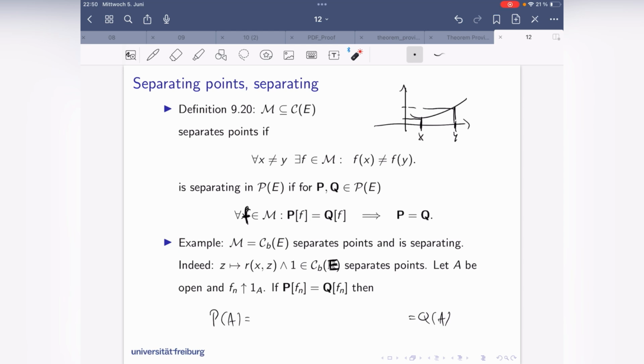And well, since we have this monotone convergence here, we have that P of A equals the limit of the integral with respect to P of f_n, n goes to infinity.